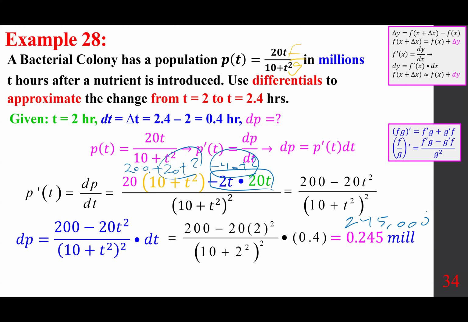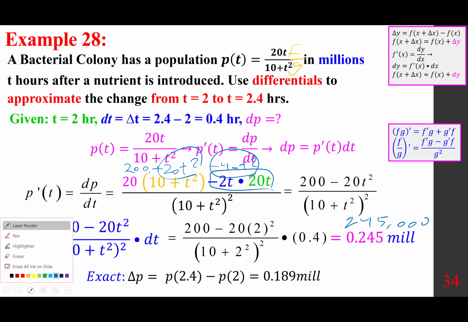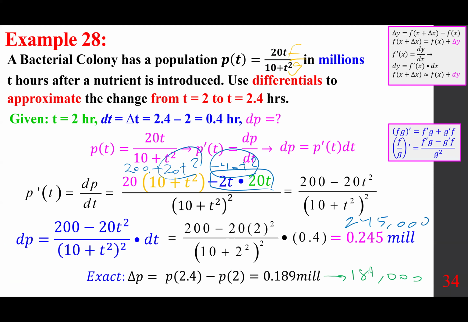That's the number. The exact number is just plug in 2.4, subtract, so P of 2.4 minus P of 2. So into this function, plug in 2.4 and 2, that's the exact answer, which is 189,000. So it's doable to find that, okay, class? And I want you to understand the difference between delta P and dP.